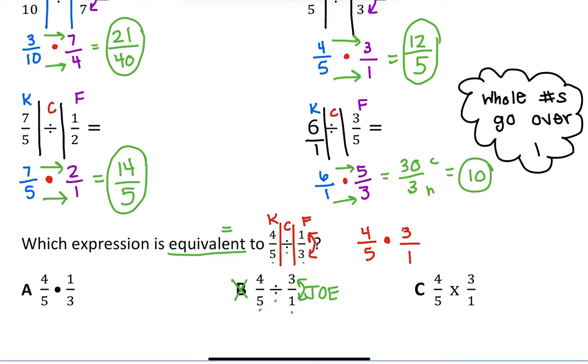And if I look at A, they did not flip, so that is wrong. They only changed the multiplication. C, they keep, they change, and they flip. So C would be my final answer, and I don't even have to solve. There is no top times top, bottom times bottom, because those two are indeed equivalent. So remember, dividing fractions, keep, change, flip.